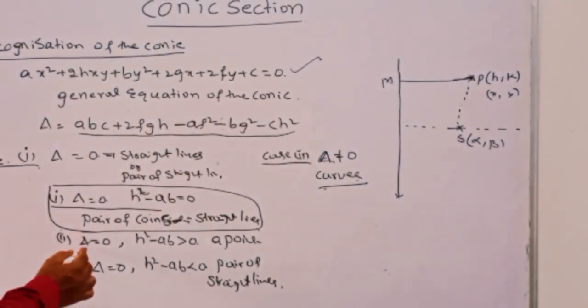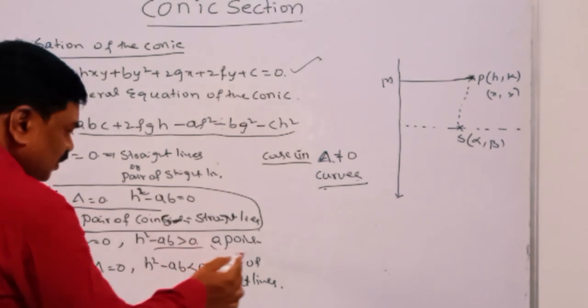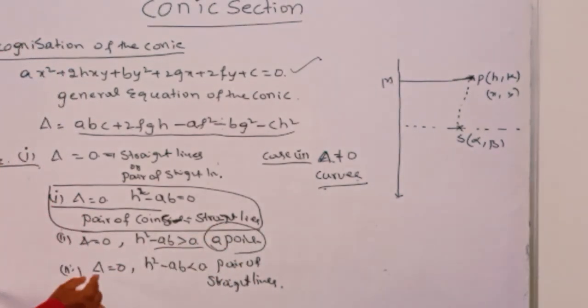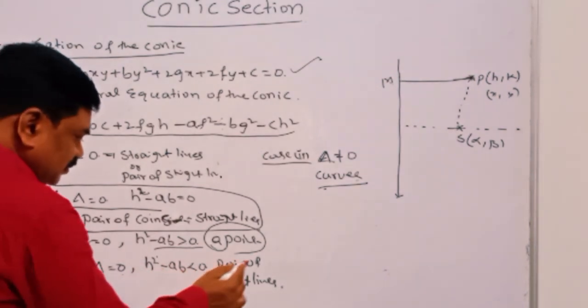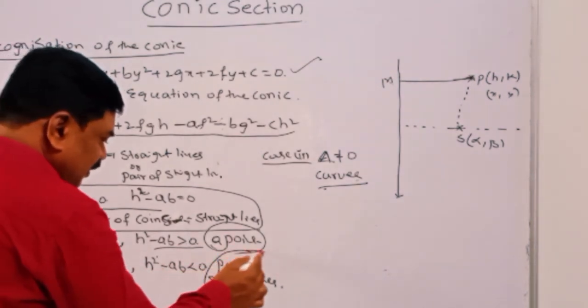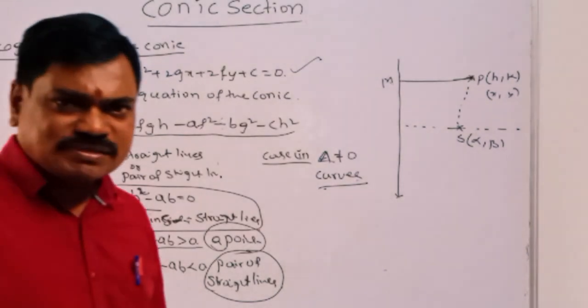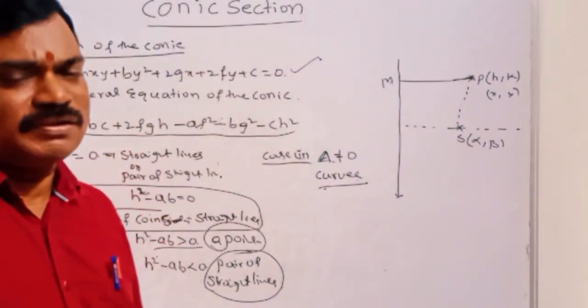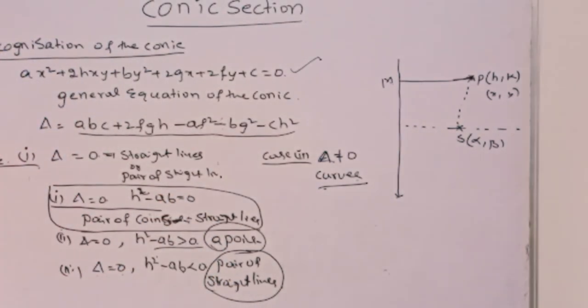If delta is equal to 0, h square minus ab greater than 0, it is a point. Delta is equal to 0, h square minus ab less than 0, it represents the intersecting pair of straight lines. That is a pair of straight lines. This is very important.